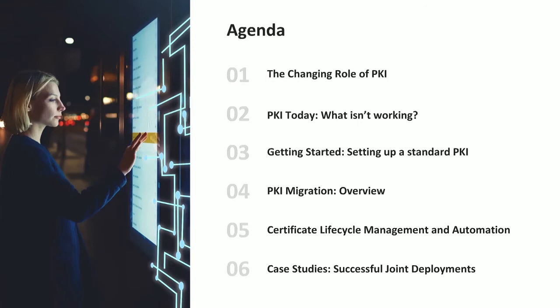And for those who already have a PKI deployed in your organization, we're also going to cover the migration. So for example, if you're due for a technology refresh, then you might want to come up with the latest and greatest, and so we're going to cover migration cycles, and finally, before we talk about the case studies, we will talk about certificate lifecycle management and automation.